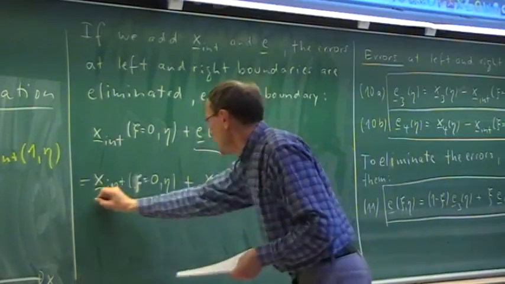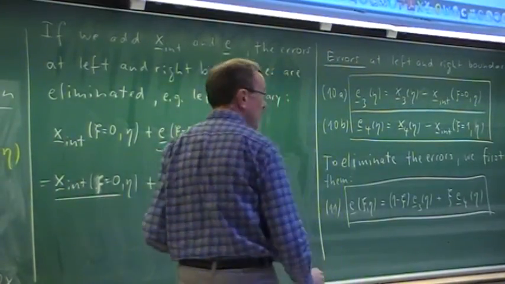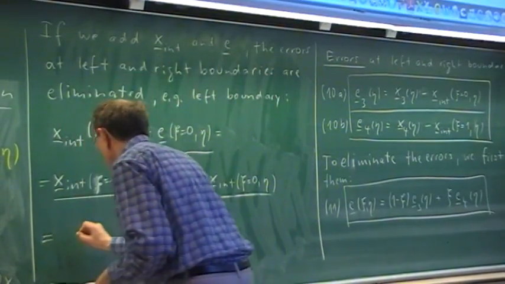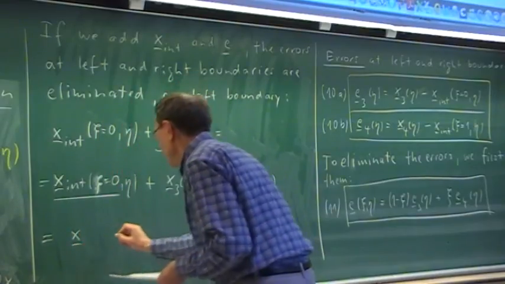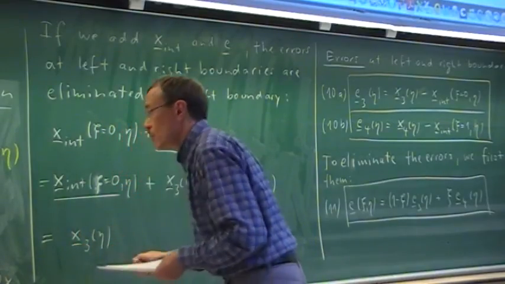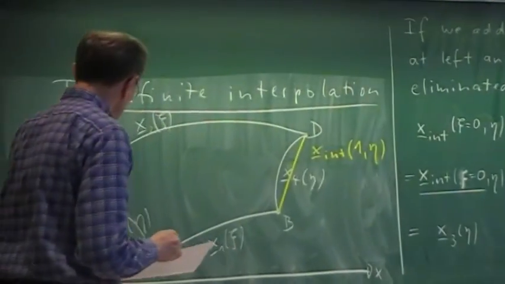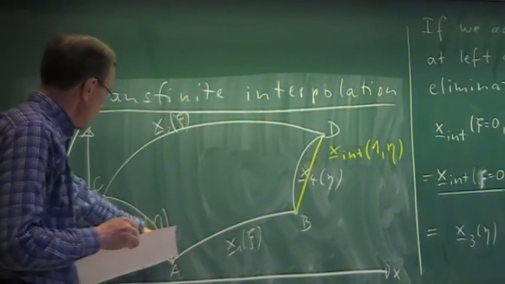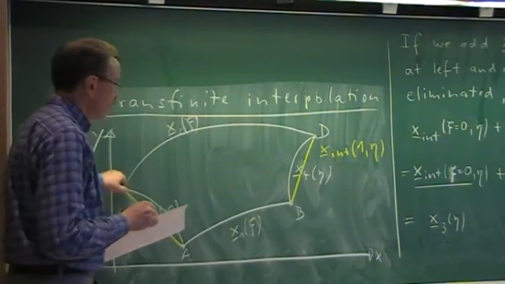And then you see the interpolated coordinates cancel and we get the correct left boundary, which is the x3 of eta.